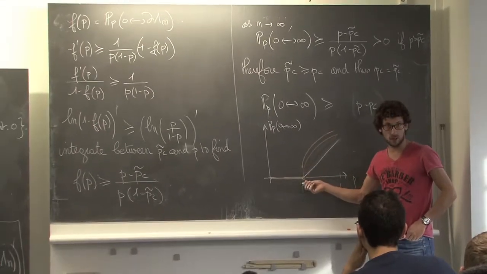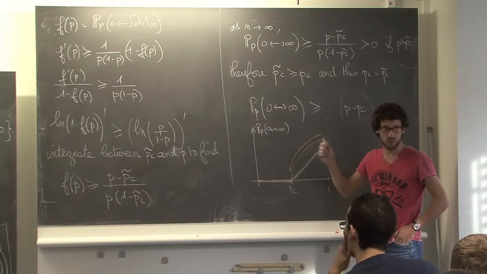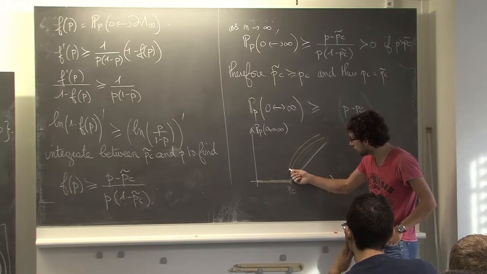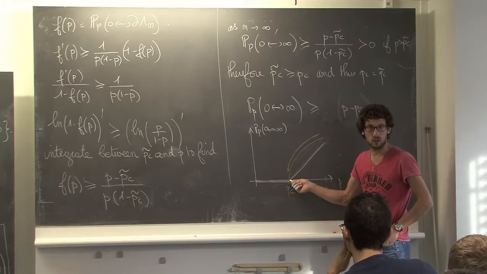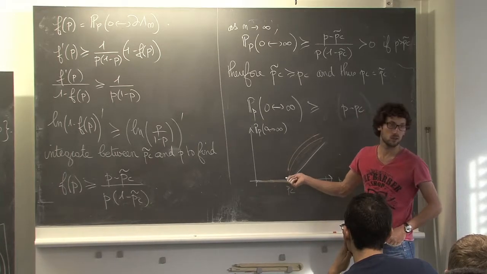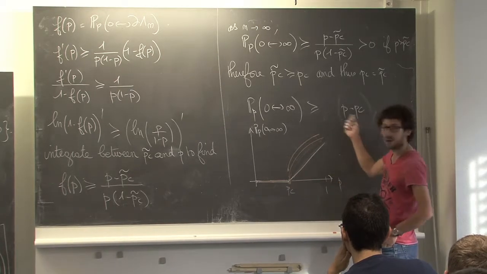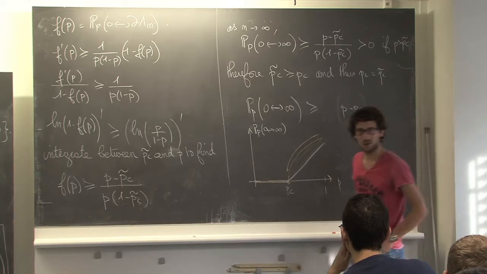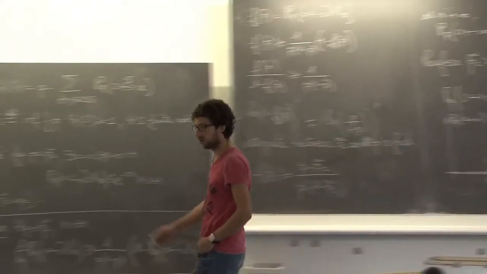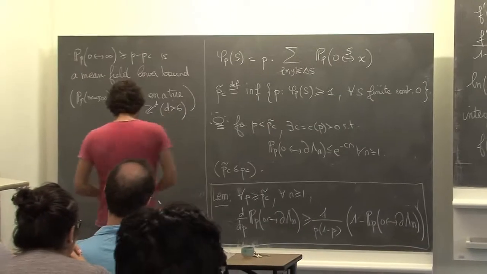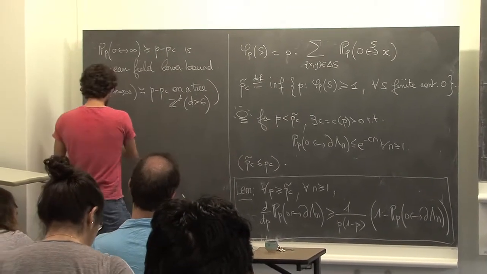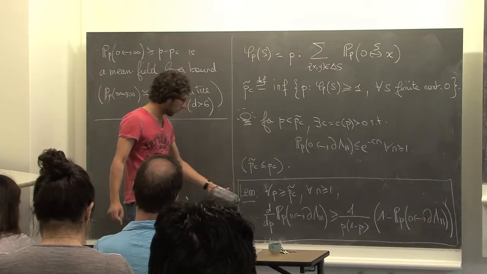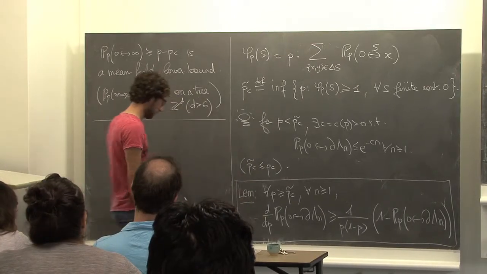In the intermediate dimensions where we don't know how to prove this type of thing, we don't even know that this is 0. We don't even know that there is no infinite cluster at criticality. So this is far from a sharp bound. We expect it's the case, but we don't know how to prove it. Okay, this was all not useful for the proof, what I said. So let's now finish the proof of our theorem by proving this lemma.